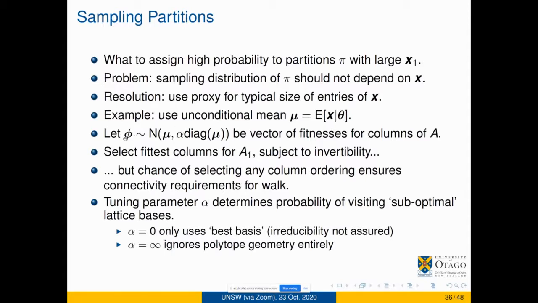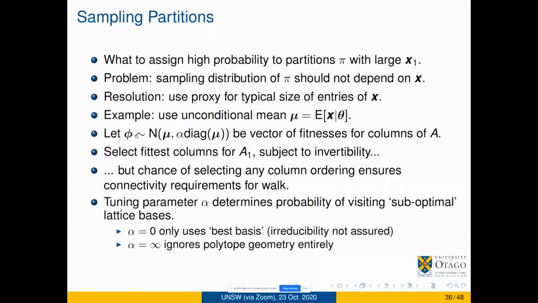The reason, however, why I'm letting phi, this fitness vector, be random, drawn from a normal distribution, is that if I just chose the fittest vectors, I would only use one lattice basis. But I've got to be able to use all lattice bases. So according to this fitness definition, there's a non-zero probability that any partition of A, A1 and A2, might correspond to the highest fitness. The alpha here is going to control the randomness, the noise that I'm including.